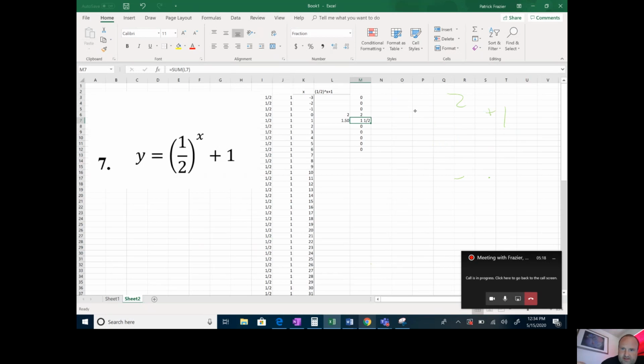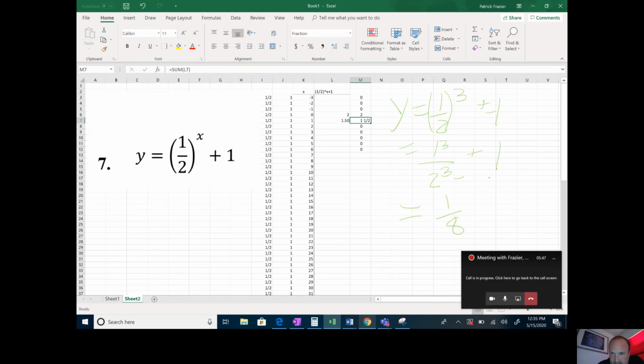And then let's do the next one. If we substitute x for 3, we have y equals 1/2 to the third power plus 1. Well, we know that just equals 1 to the third power over 2 to the third power plus 1. And 2 times 2 is 4, and 4 times 2 equals 8.